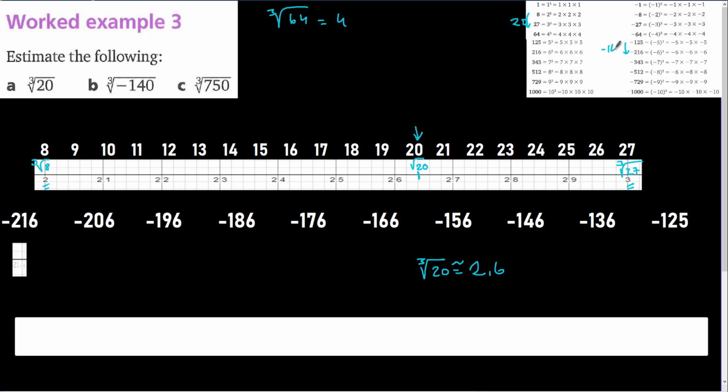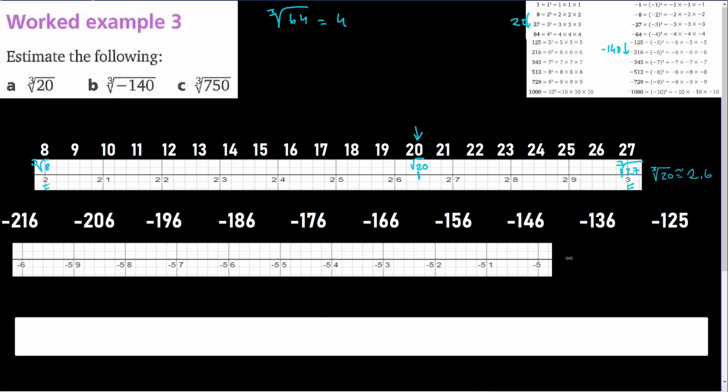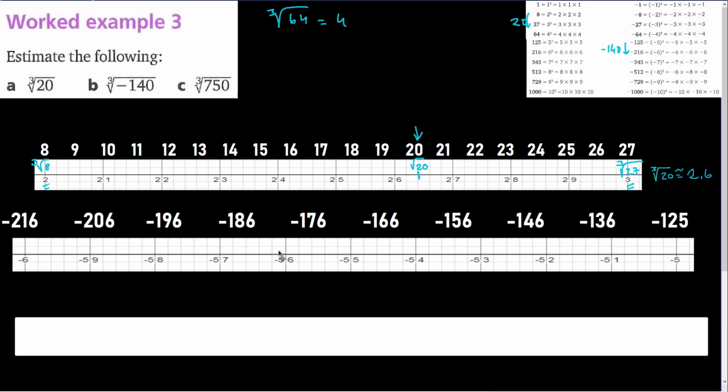So with respect to that, if I open this part again, you are going to see the cube root of minus 125 is equal to minus 5, the cube root of minus 216 is equal to minus 6, so minus 140 is between minus 125 and minus 216, and the answer is going to be between minus 5 and minus 6.